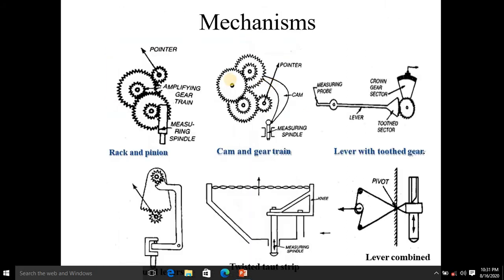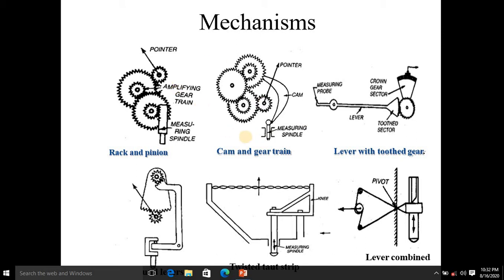Before starting with the dial indicator, we first of all understand the various mechanisms that can be used in a dial indicator. In comparators, magnification is obtained by mechanical linkages and other mechanical devices.